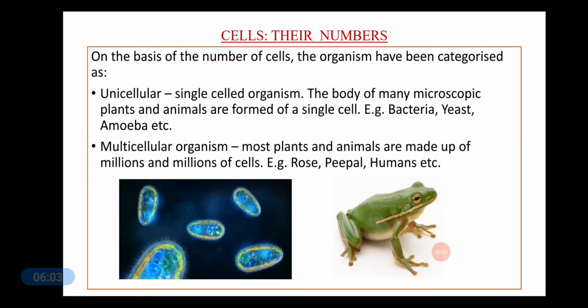So, unicellular organisms are single-celled organisms. The bodies of many microscopic plants and animals are formed of a single cell. For example, the bacterium, yeast, amoeba, paramecium, chlamydomonas, etc.